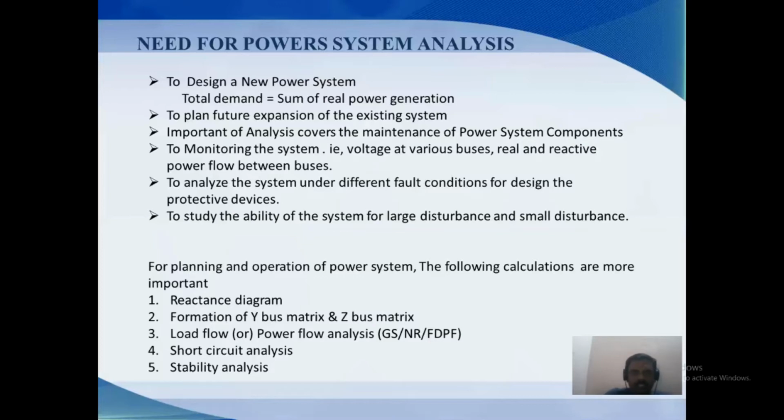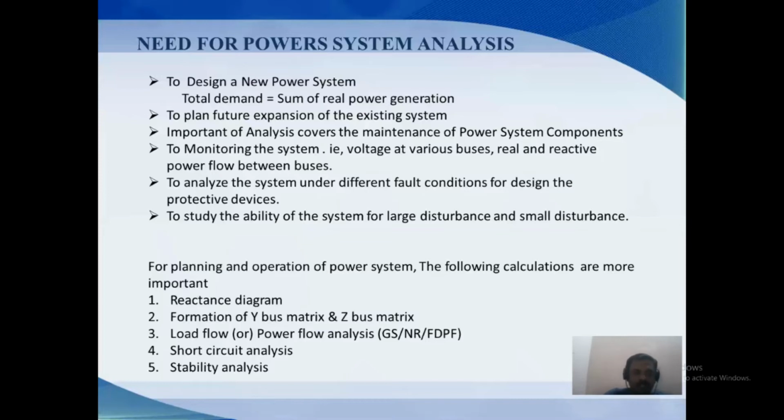Then the fifth one is calculating the fault current. Suppose a fault occurs in any one of the buses, transmission lines, or components, what is the fault current in the line or in the component? Only then can we design a suitable protective device for the particular component. The last one is stability analysis.